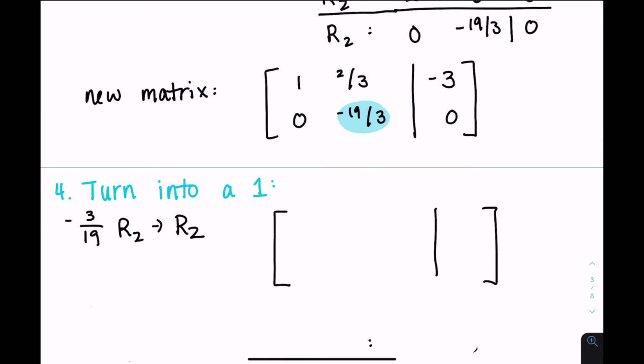So I'm going to multiply by -3 over 19. Leaves the first row untouched. 0 times -3 over 19, 0. Nice stuff happens, and we just get a 1 here because the 19 and the 3 cancel. The minus makes us a positive. And then 0 times negative 3 over 19 is still 0.